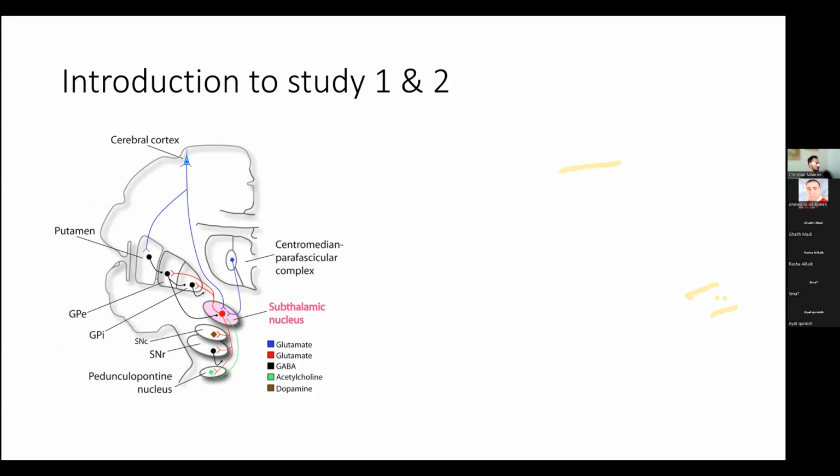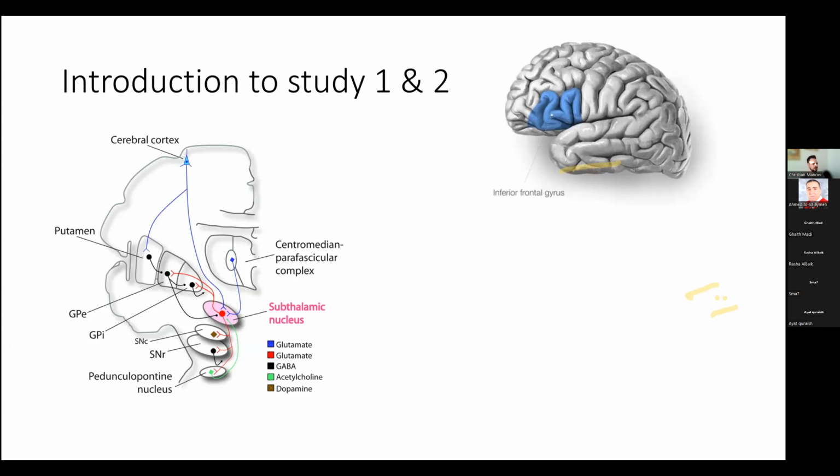So here in pink, you can see where the subthalamic nucleus is located. That's a frontal section. The inferior frontal gyrus I show you here on the right. It's on the cortex, so it's easier to understand where it is.